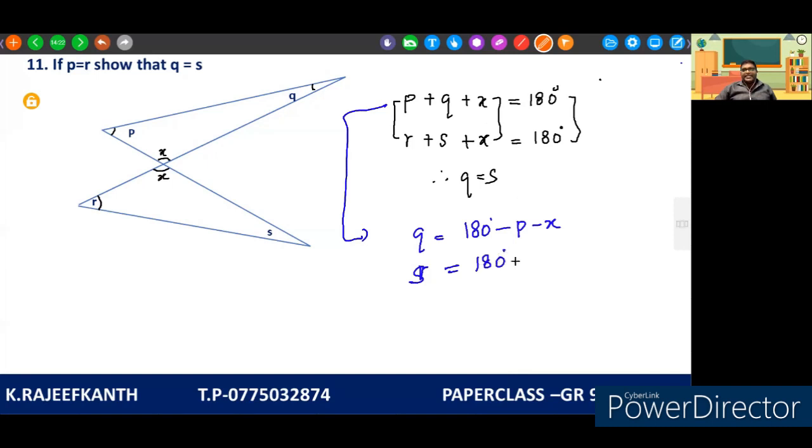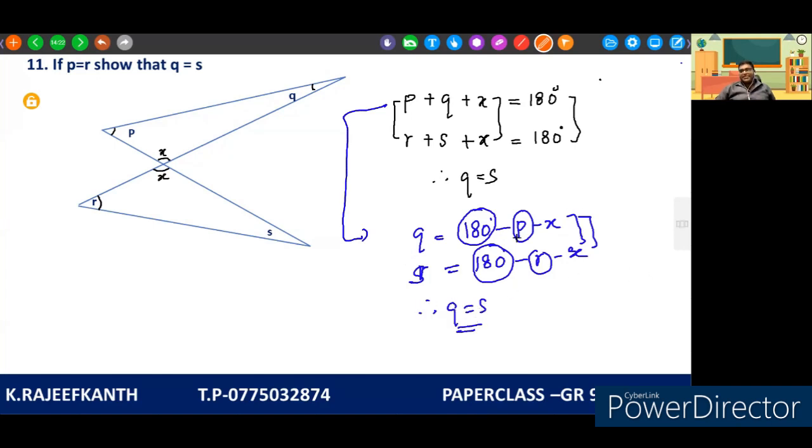Then 180 minus R minus X. Here these two values are equal, no? Because they have given P and R are equal, and we know that these two are the same value. So these two values will be equal. Then directly we can write Q equals S.